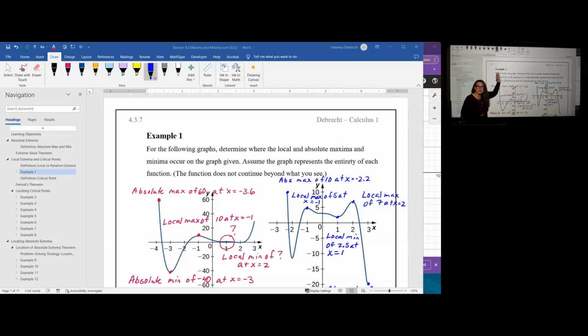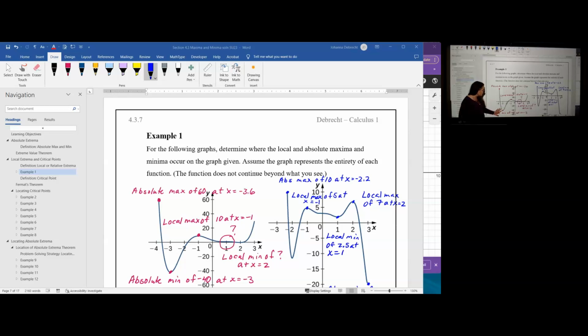It does not continue going. If it did, there would be no absolute maximum. I missed one I can see already, but let's go ahead and work our way from the left to the right. I do have an absolute minimum value of negative 40 at x equals negative 3.